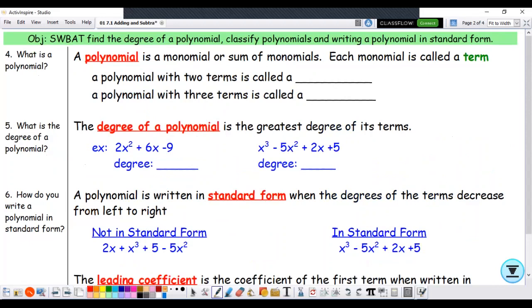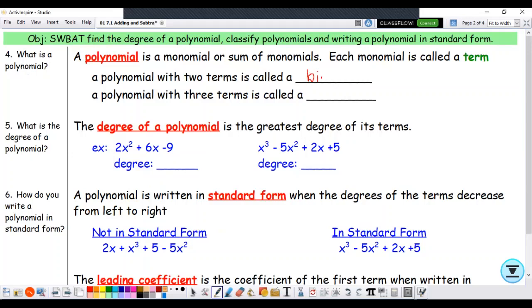A polynomial can be a monomial, or as poly implies, multiple monomials, which we would describe as being a sum of monomials. And each monomial then is called a term in that polynomial. Now the ones that we're most familiar with are polynomials with 2 terms, and the prefix that goes with 2 is bi.